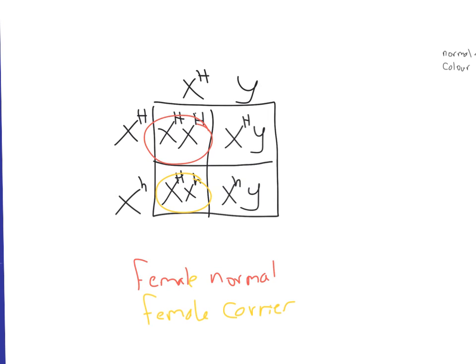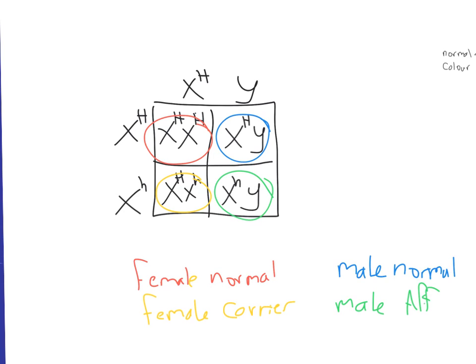We have one male normal. And we have one male affected. So those are their phenotypes, and of course their genotypes are in the Punnett square.